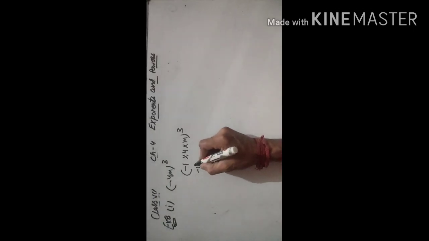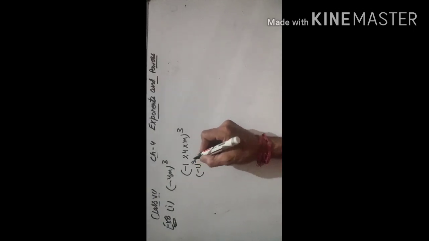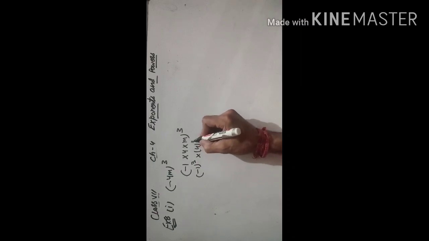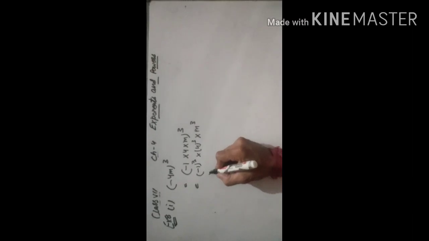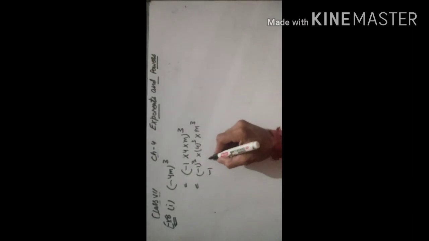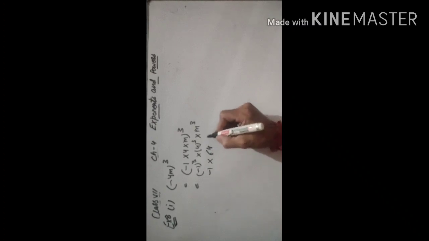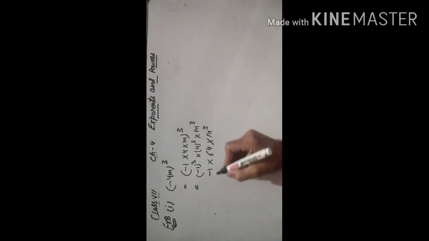Now it becomes (minus 1) to the power 3 into 4 to the power 3 into m to the power 3. Minus 1 to the power 3 is minus 1. Then 4 to the power 3 is 64, times m to the power 3. Now it becomes minus 64 m to the power 3.